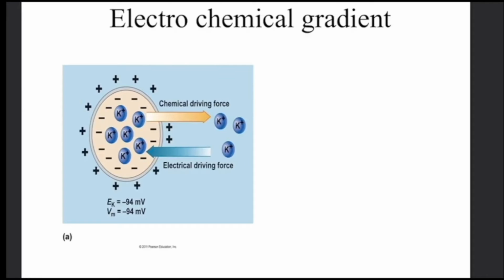These two gradients, chemical plus electrical, are called the electrochemical gradient. But there will be a time at which the chemical force driving the potassium outside is neutralized by the electrical force, that is, the force that is making the potassium get inside. At a particular voltage, there will be no net transfer, as ions moving outside and moving inside are equal.